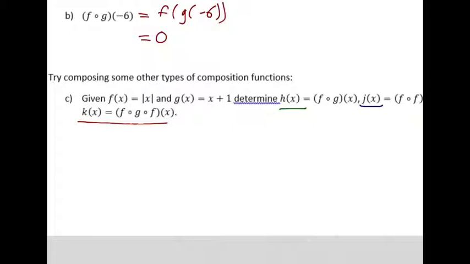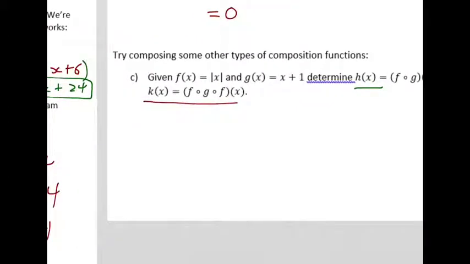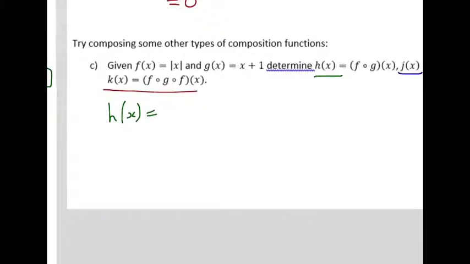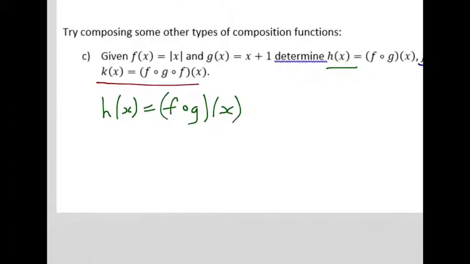Okay. So let's start with h of x first. That's f composed with g of x. Okay. And so that just means f of g of x. So wherever I see x in f, I replace it with g of x.